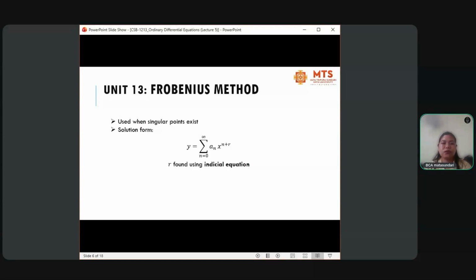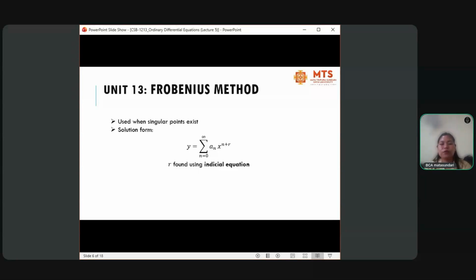Frobenius method. What is the Frobenius method? It is used when a singular point exists. The solution form will be y equal to summation n equal to 0 to infinity, a suffix n, x to the power n plus r. Earlier it was the same, just x to the power n, with no plus r.